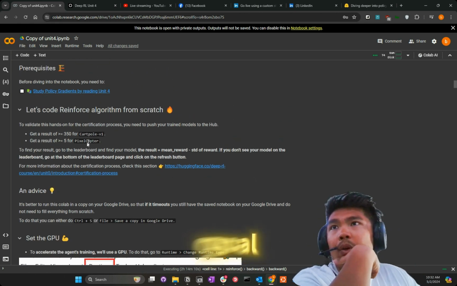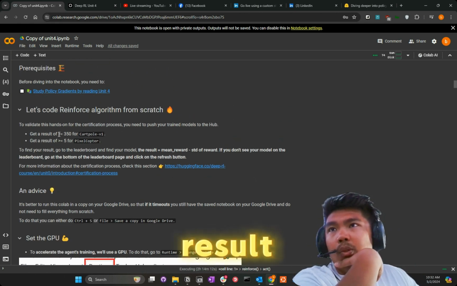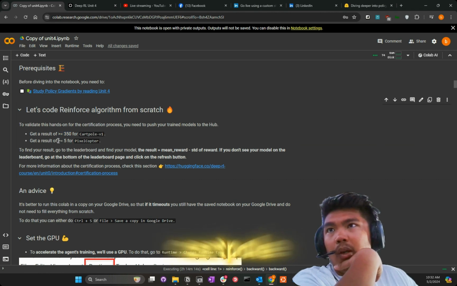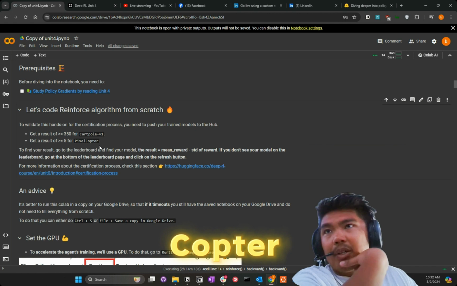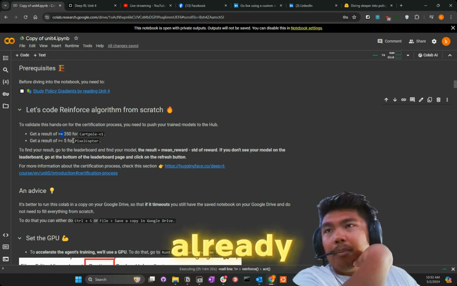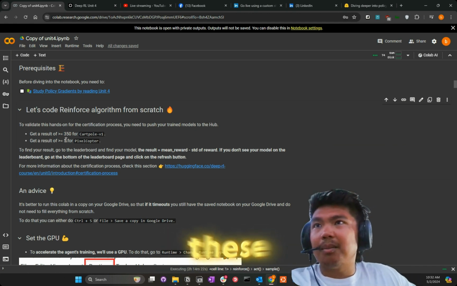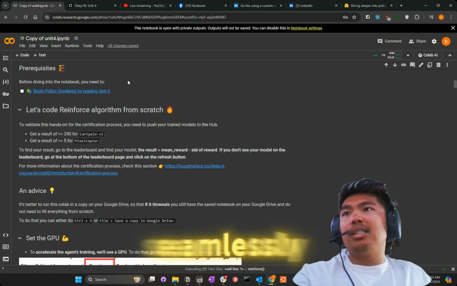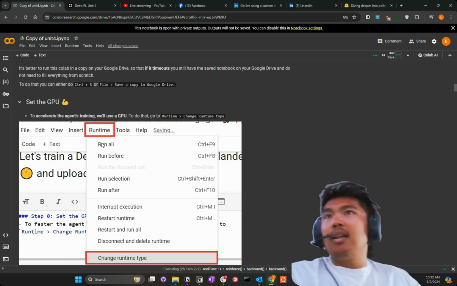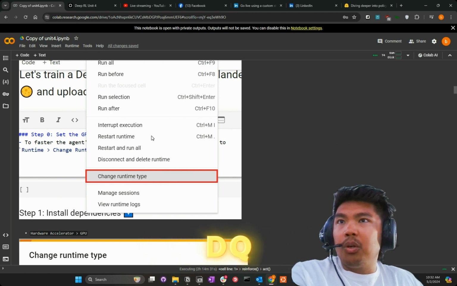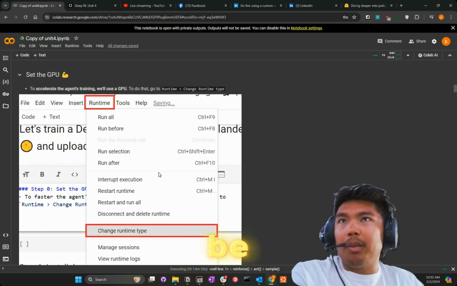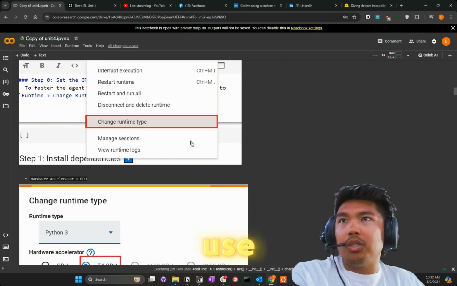The goal is to get a result of greater than 350 for CartPole and a goal of greater than or equal to 5 for the Pixelcopter. For both, I've already gone past these minimum thresholds pretty seamlessly. Obviously, this time, not Deep Q, but we're going to be using neural nets, so we're going to use our GPU.